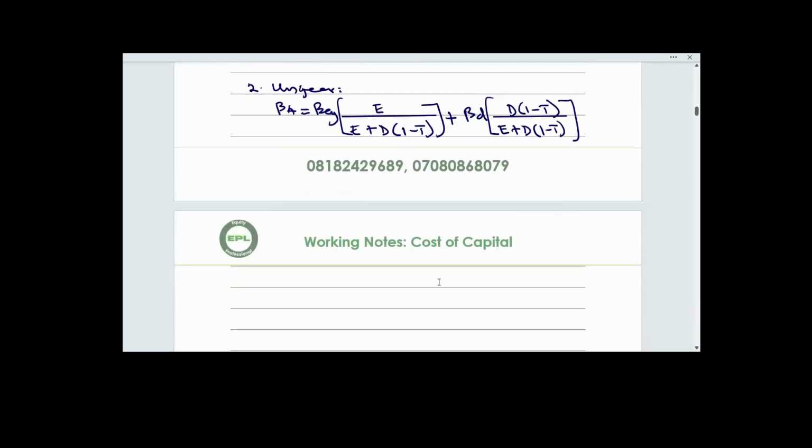So I would then say beta assets equal to 1.18.